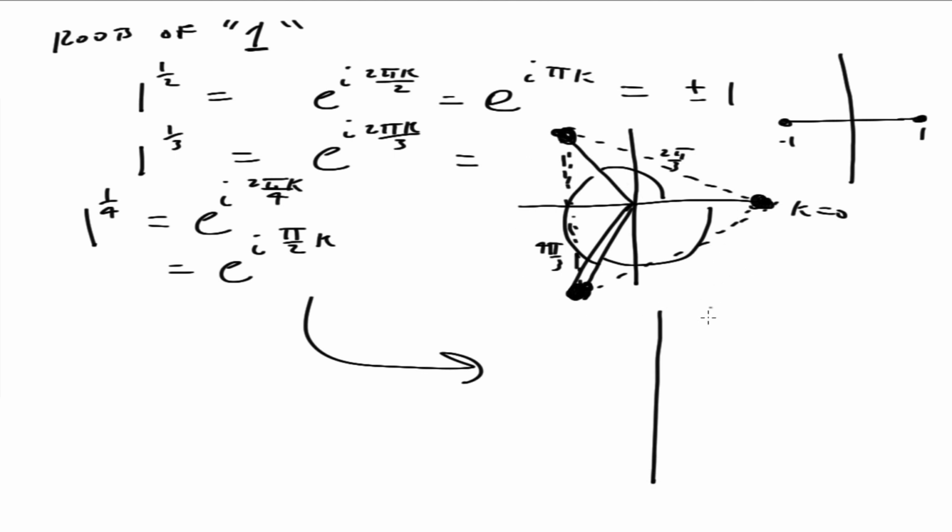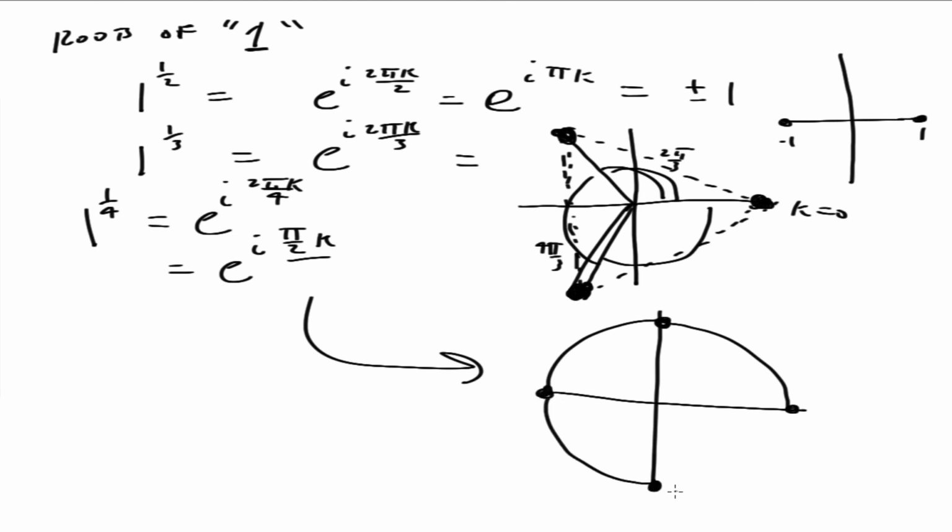There were 3 roots with 2 pi over 3 rotations around the plane, and now we have pi over 2 rotations. So we go from here to pi over 2, to pi, then to 3 pi over 2, and finally back there. Now we see a nice pattern growing here.